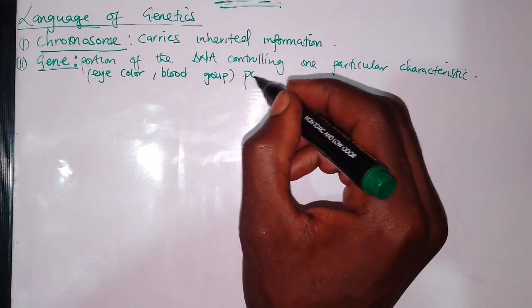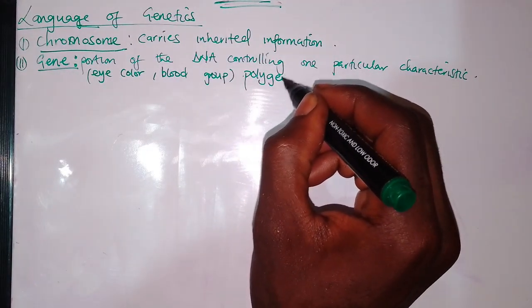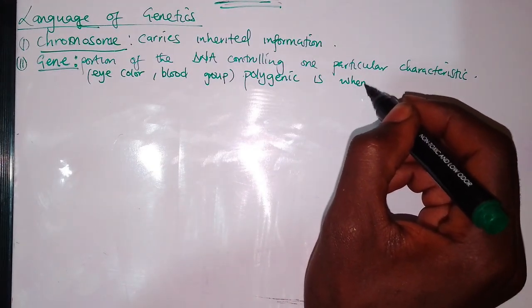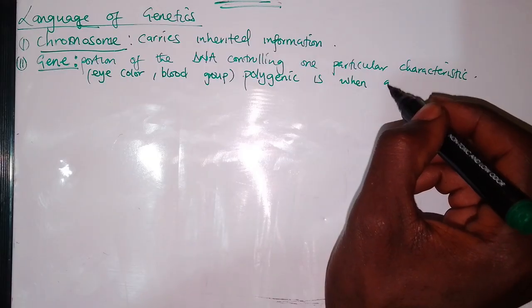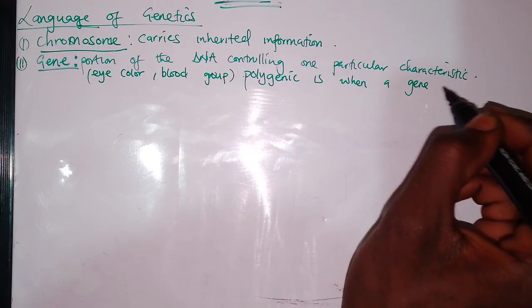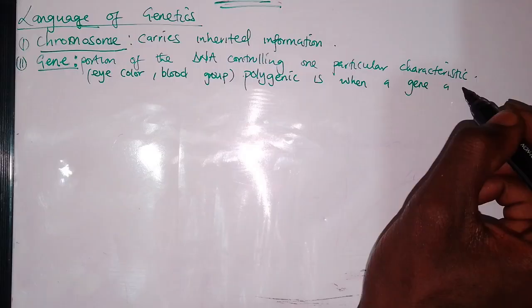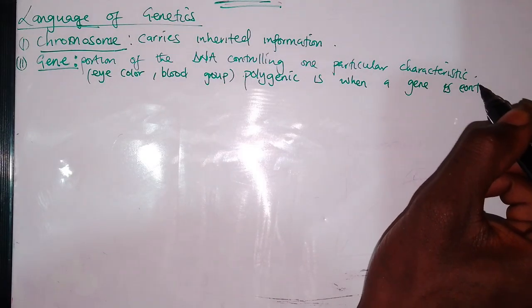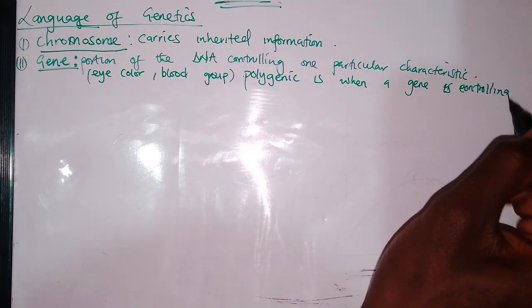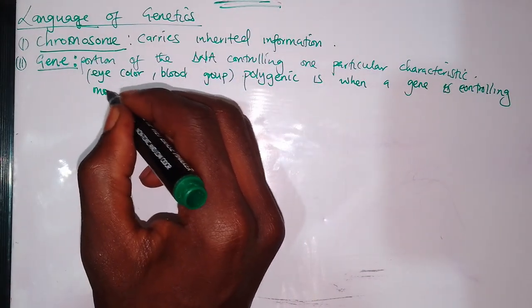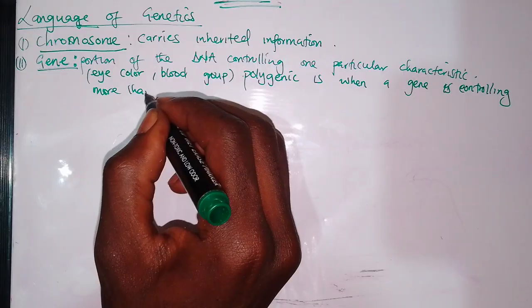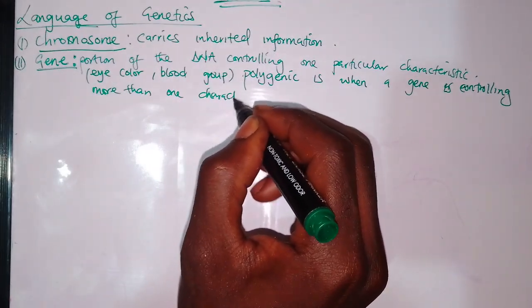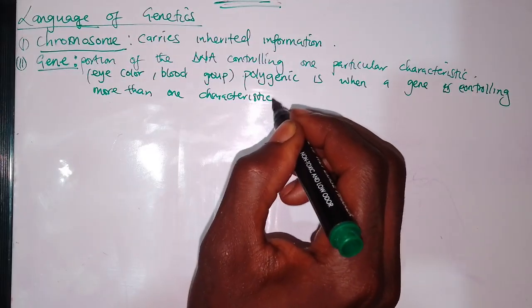So we say that polygenic is when a gene is controlling more than one characteristic.